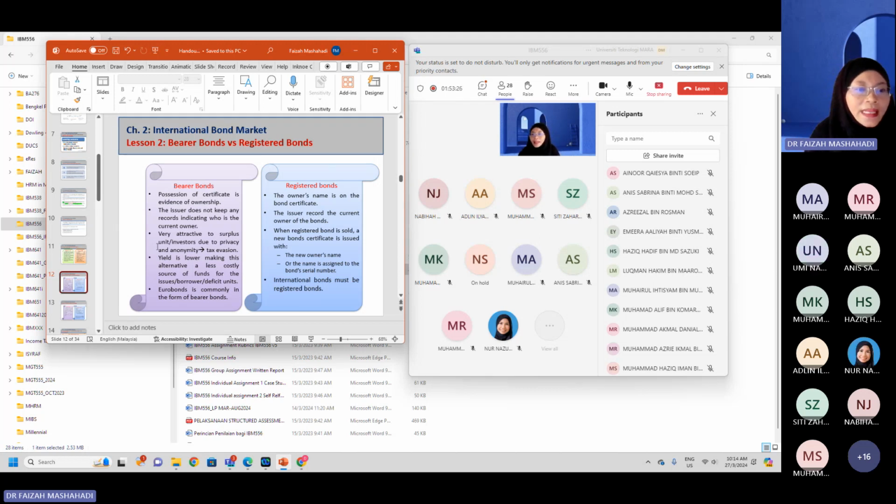This one is very attractive to surplus units or investors due to privacy and anonymity.